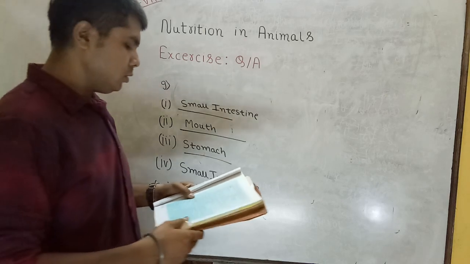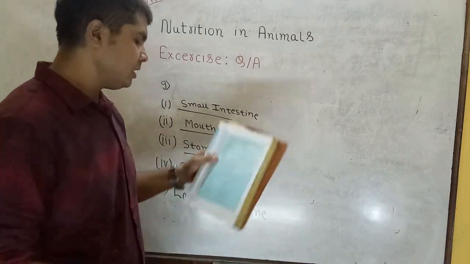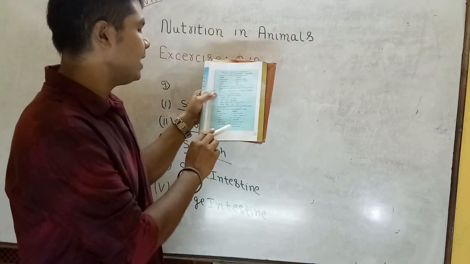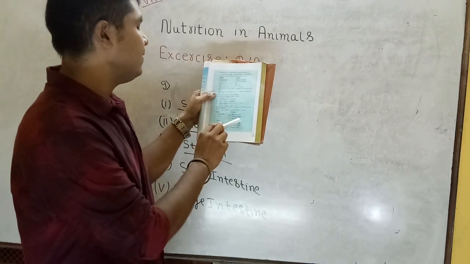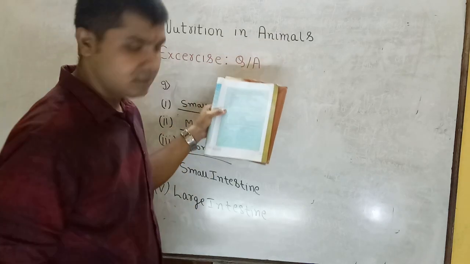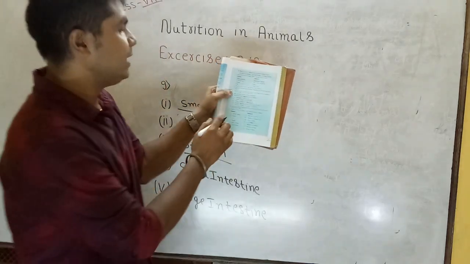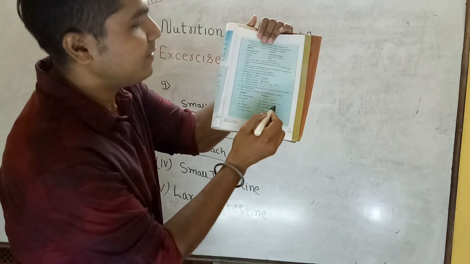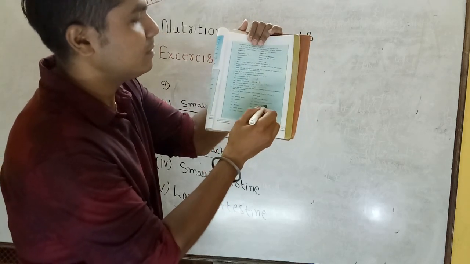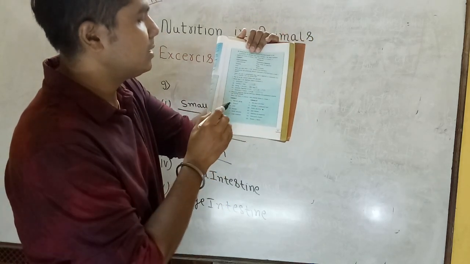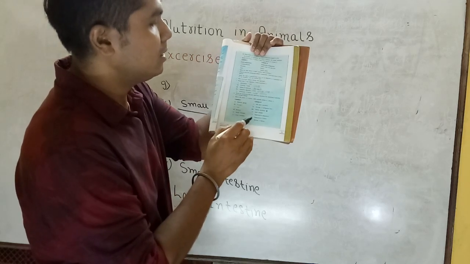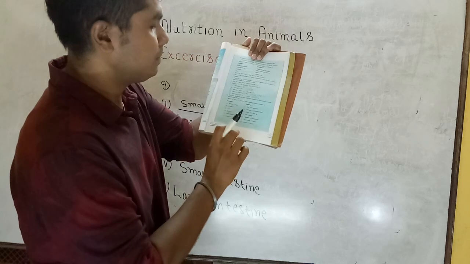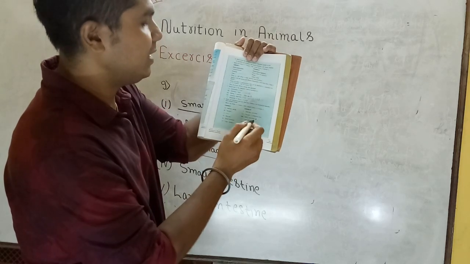So question number 11. Salivary gland. The answer will be saliva secretion. Stomach, the answer will be acid release.